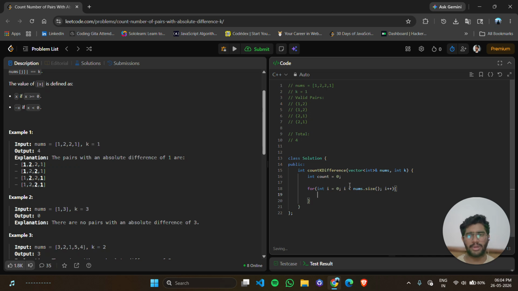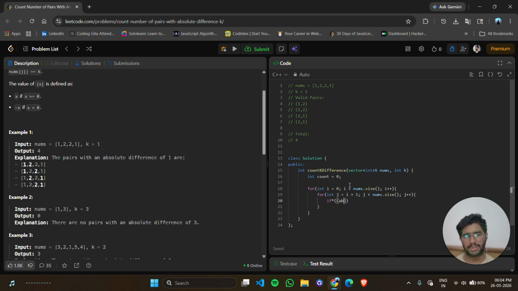Now we'll put an inner loop which will check the remaining elements. So for int j equals i plus 1, and j is smaller than nums.size(), j plus plus. Now a condition: if absolute difference equals k, increase the answer.